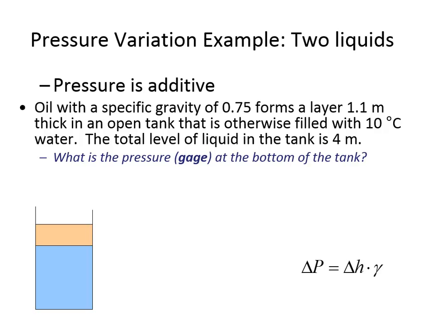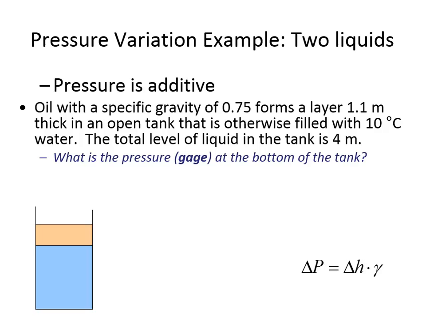And so in this case, we could calculate the oil's gamma. It's going to be 0.75 times 9810 newtons per meter cubed. I can't do that math in my head. Dr. McCormick can. That guy's amazing when it comes to doing math in his head. Not me, though.